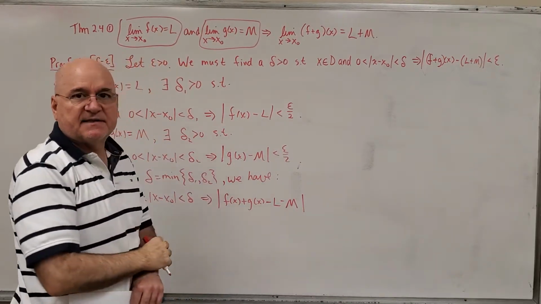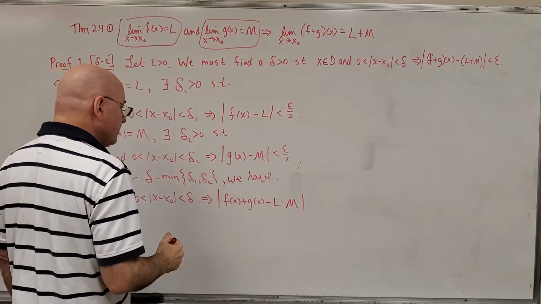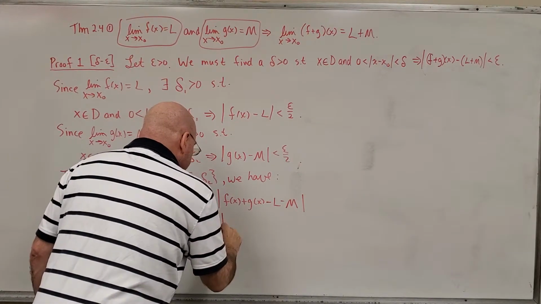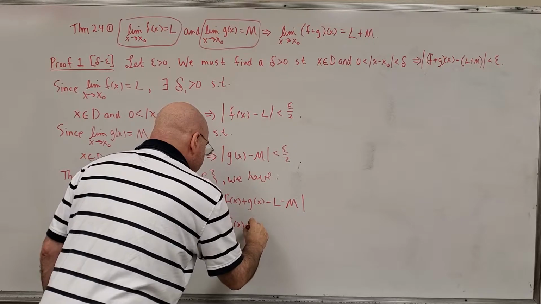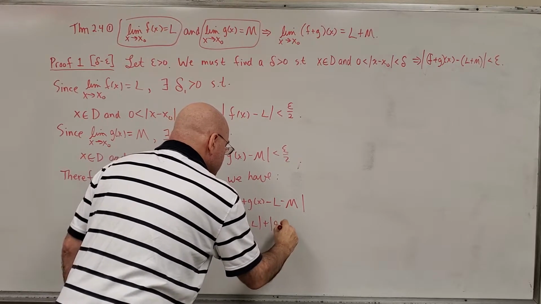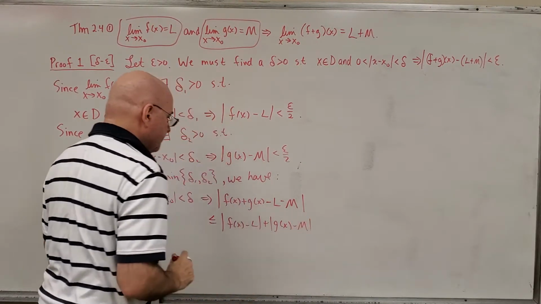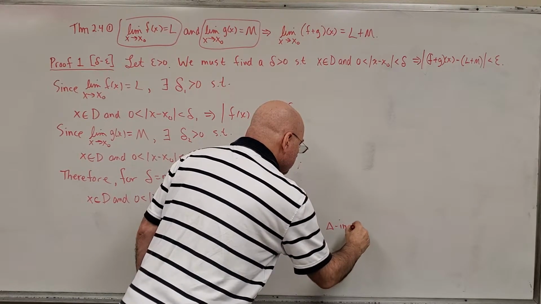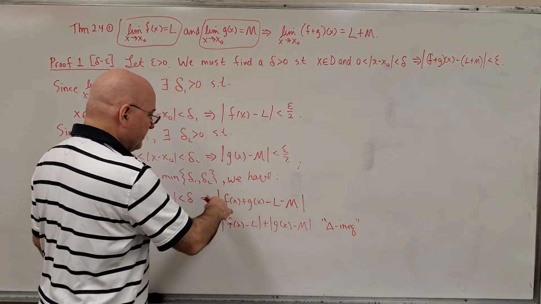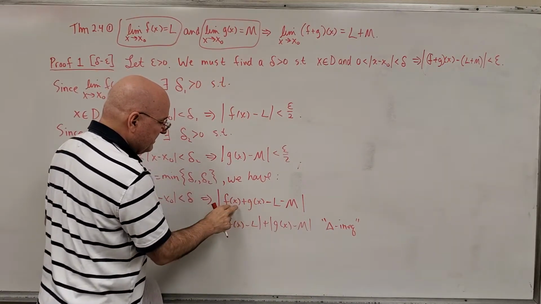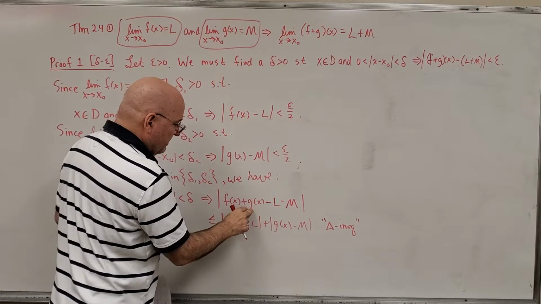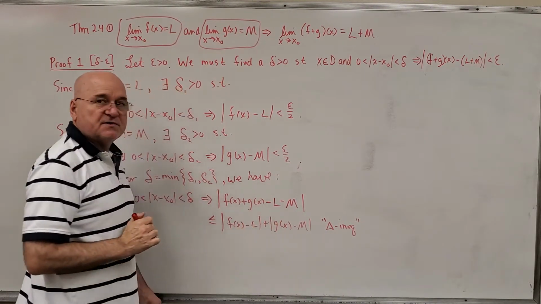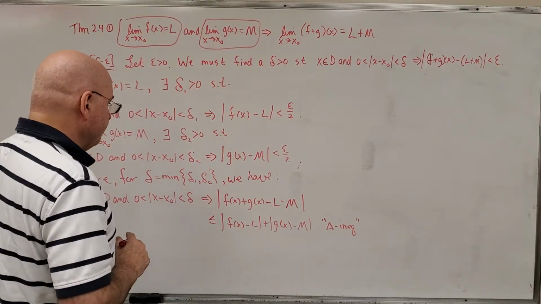And I'm going to show that that's less than epsilon. Okay, that there is less than or equal to the absolute value of f of x minus L plus the absolute value of g of x minus M by the triangle inequality. Maybe I skipped a step in reordering this. I could have reordered this to be f of x minus L plus g of x minus M, and then it easily follows that we're using the triangle inequality in that second step.